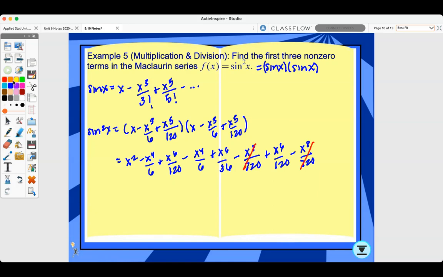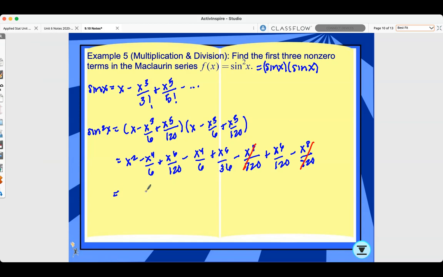And as I keep going, my power is just going to get larger. So now I add like terms together, and I would get x squared minus x to the 4th over 3 plus 2x to the 6th over 45 for my first three non-zero terms.